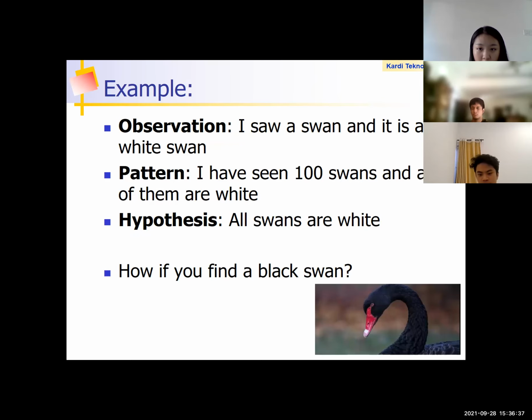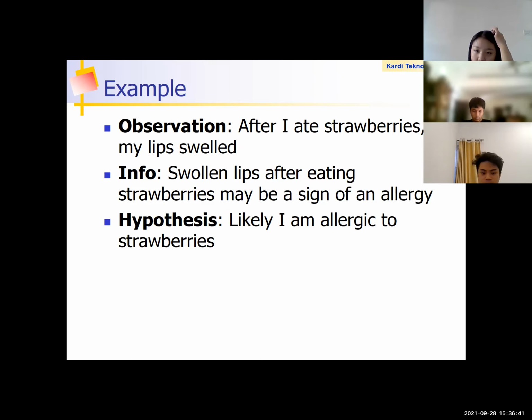For this statement, can the word likely be removed? Yes, you can just say the hypothesis: I'm allergic to strawberry. Okay, thank you. The problem is if you do that, then it becomes deductive. It's no longer inductive.